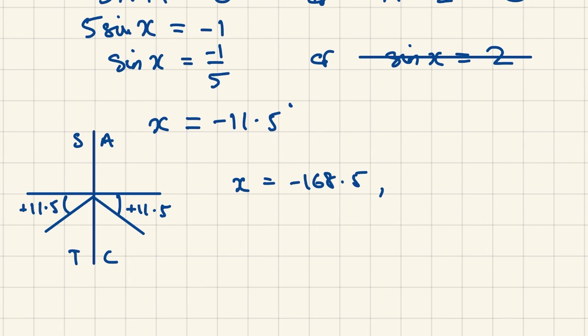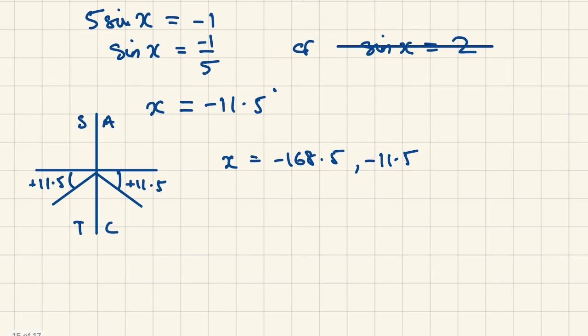And the other solution will just be that minus 11.5. They both lie between 0 and minus 180. And in the positive 180 quadrants, up to here and here, there's no solutions. So actually, they are my two solutions.